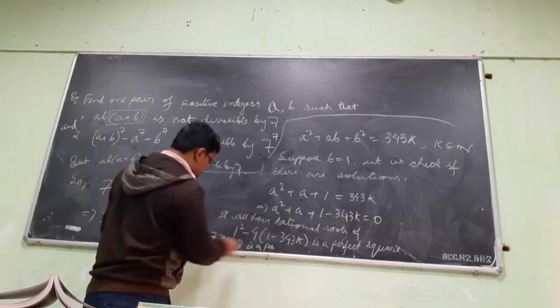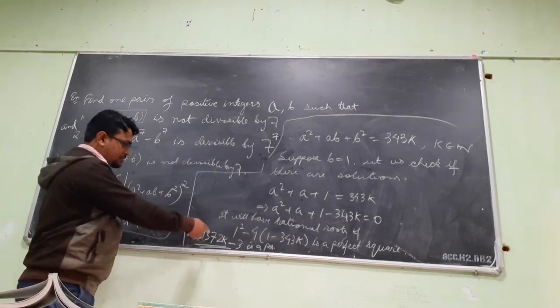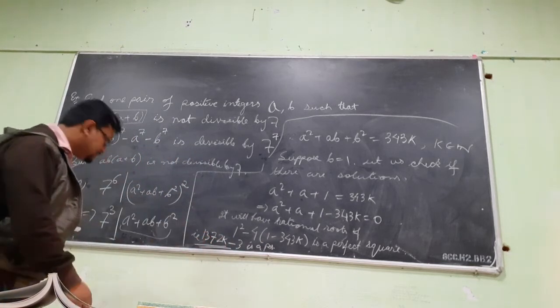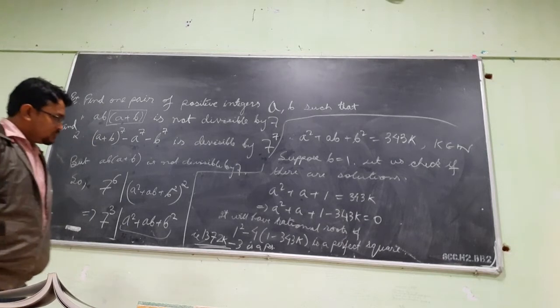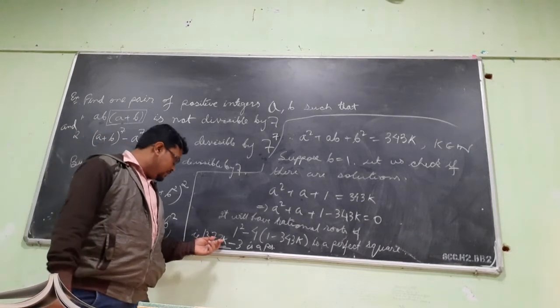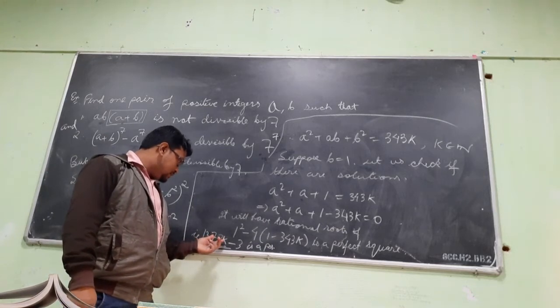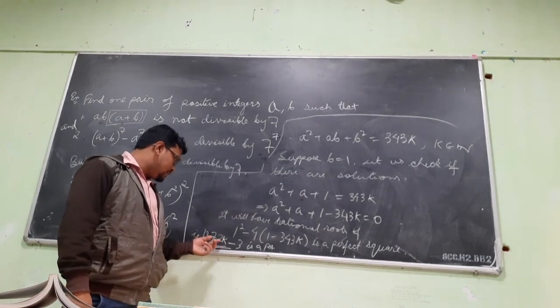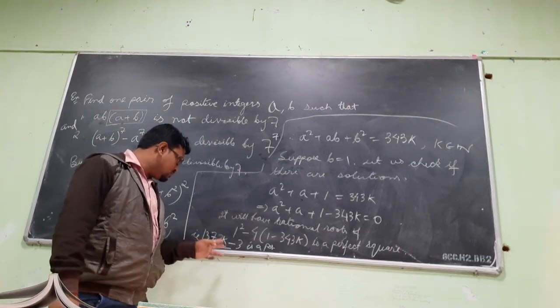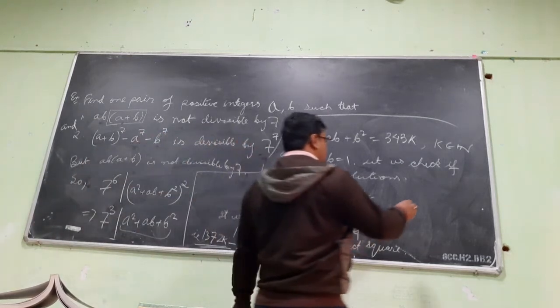So try to see whether there is any perfect square near this particular number. The smallest possible is for k equal to 1, so we look around 1372 for perfect squares. What are the perfect squares?